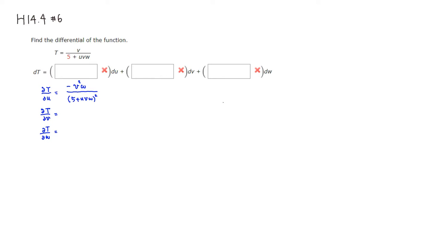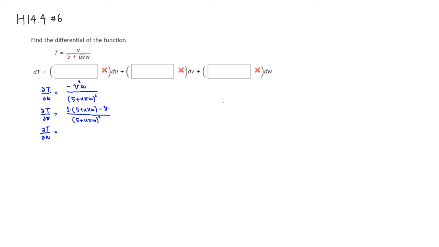All right, and the second component is a partial of t with respect to v. So partial derivative, so again it's a quotient rule. So you have the same denominator, so 5 plus uvw squared. So partial of v with respect to v would be 1 times the denominator, which is 5 plus uvw, minus, top is v, times derivative of the bottom.